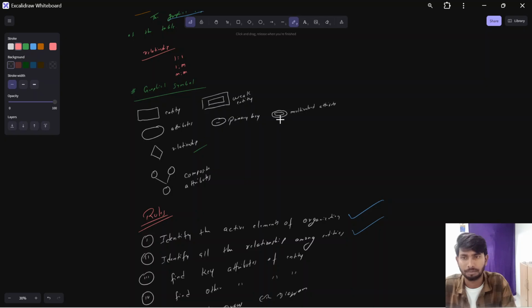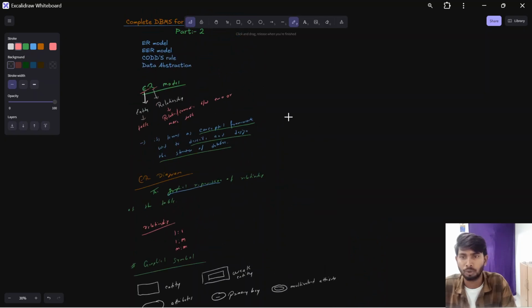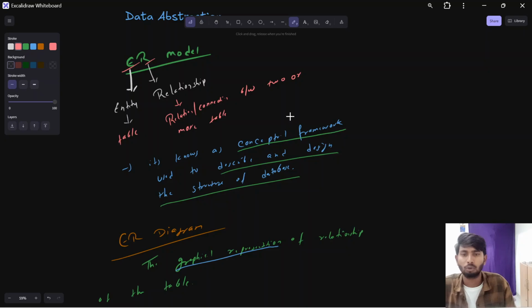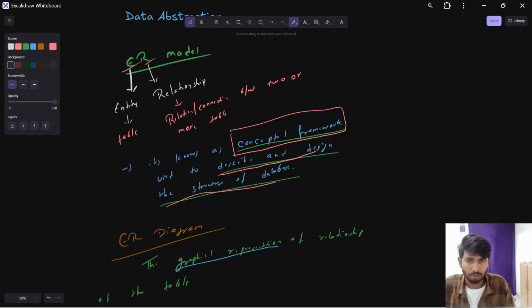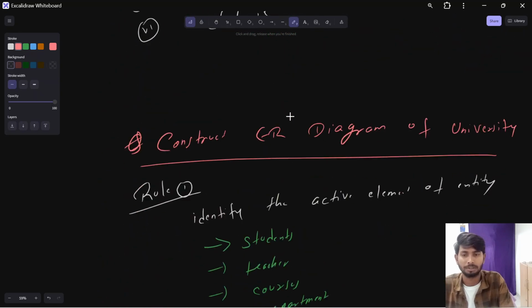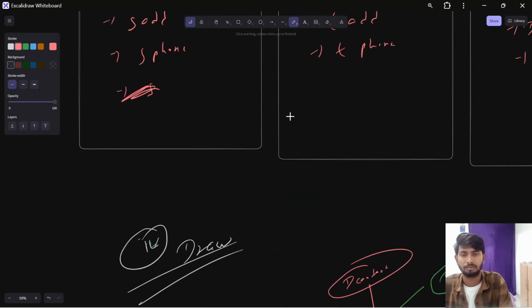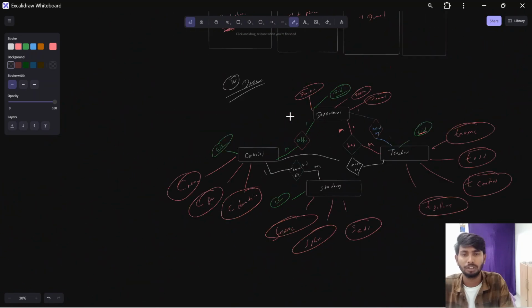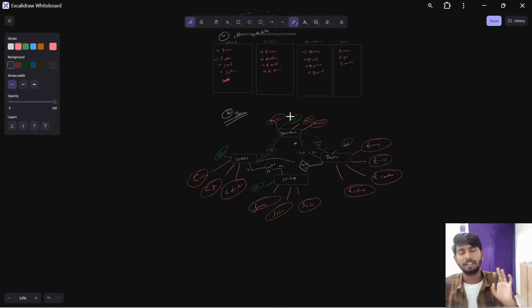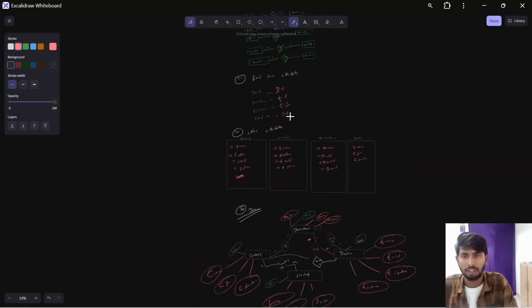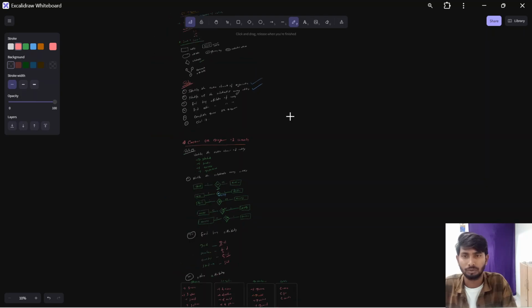Now we talk about a model. A model is a conceptual framework used to describe and design the structure of the database. Now we created the ER model.